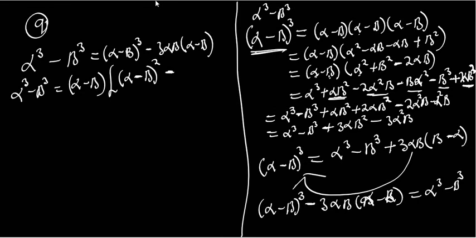Minus 3 alpha beta, like that, because this side has gone. So this part we can find, right? Again, this one it can find. So this is what we call the identity of alpha cubed minus beta cubed, just like that. Or if you want, you can continue it just like that, right?